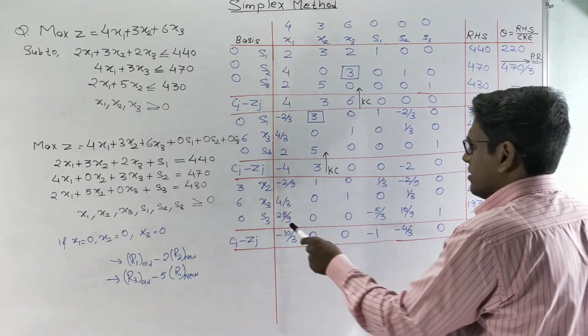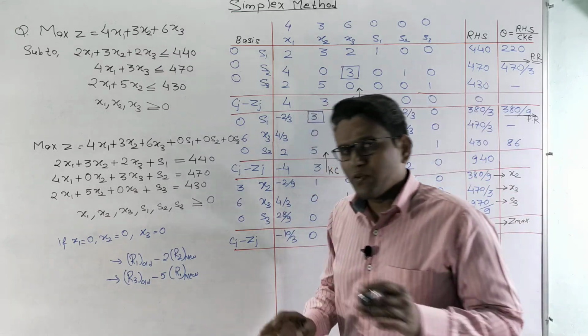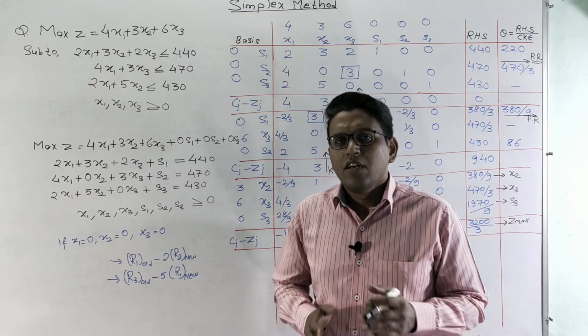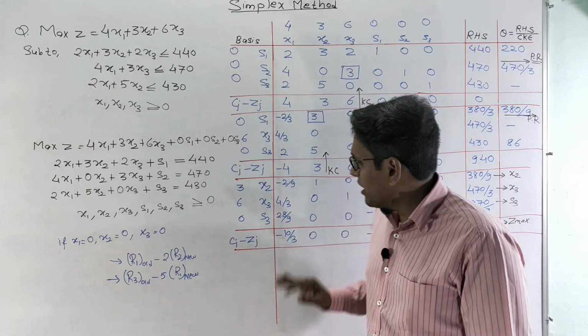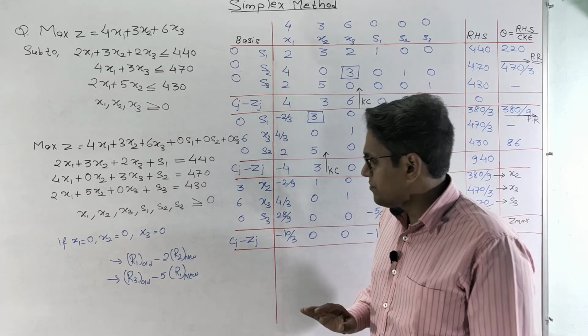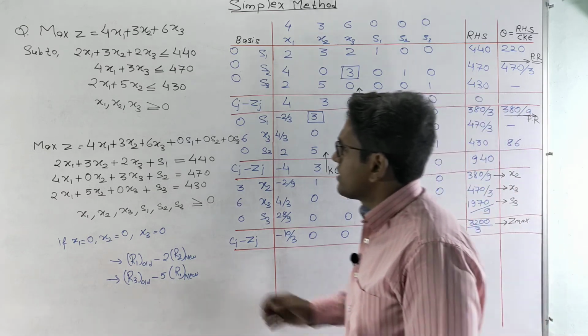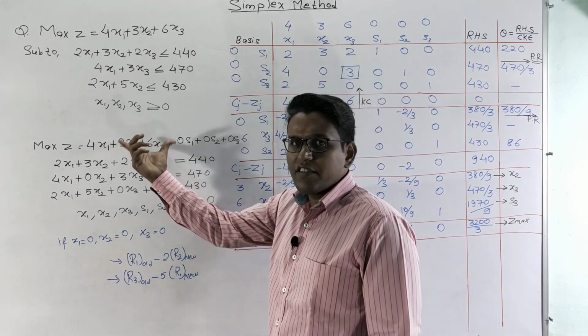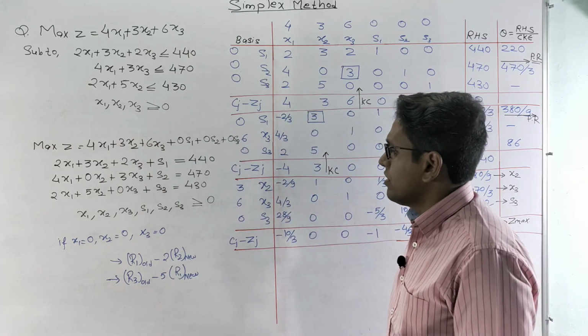And so this is clear that s1, s2, s3, or I should say slack variable or surplus variable, may appear in our final solution. And we have also seen that it is not mandatory that x1, x2 and x3, all the decision variables given in the problem, will appear in our final solution.